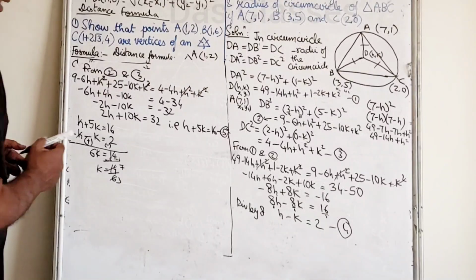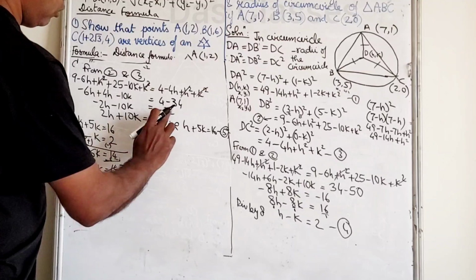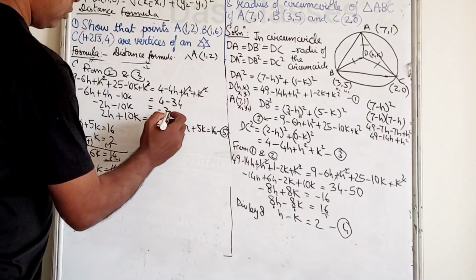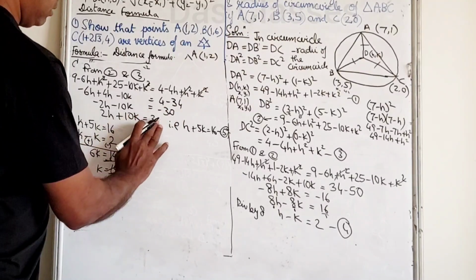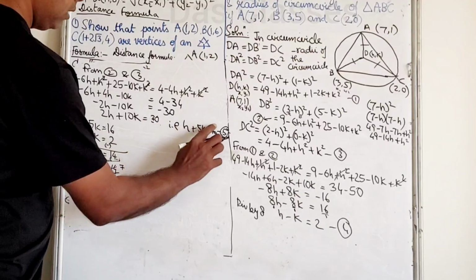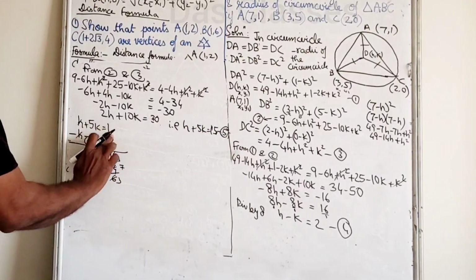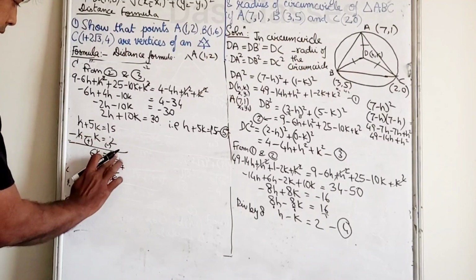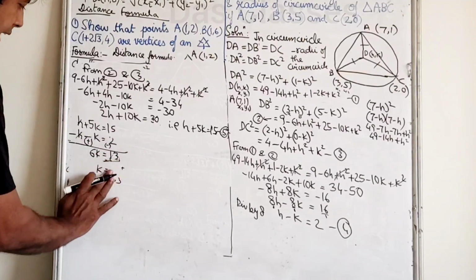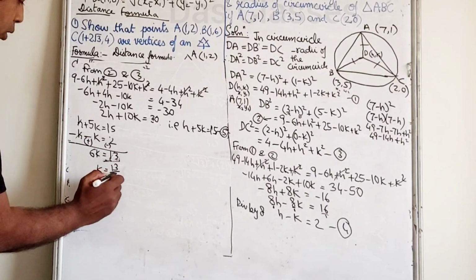A little mistake has happened. That is 4 minus 34 is going to be minus 30. So this is going to be 30. So this should be equal to 15. So this is going to be 15. So this is 13. So k answer is going to be 13 upon 6.